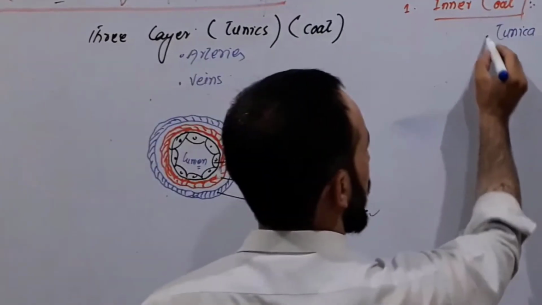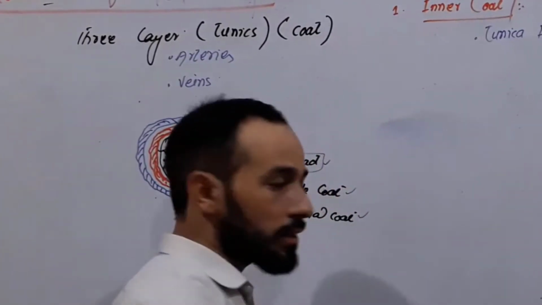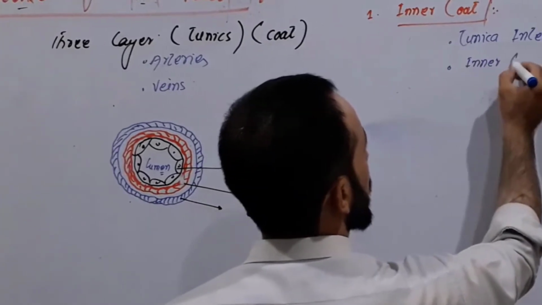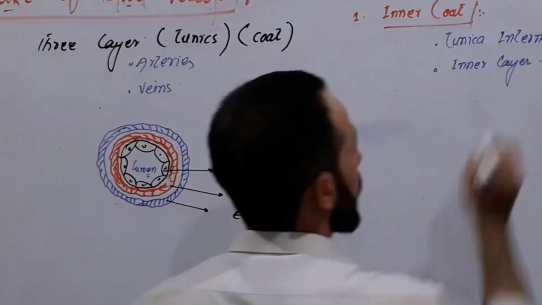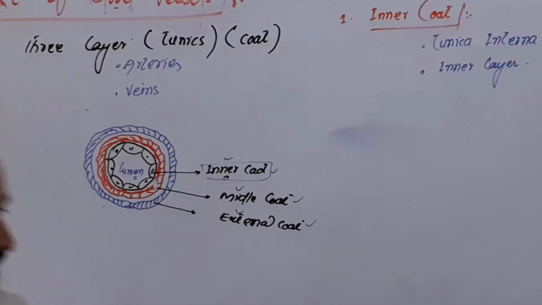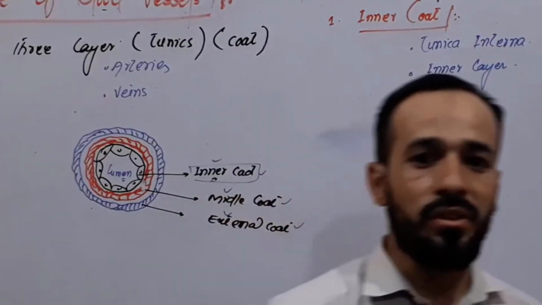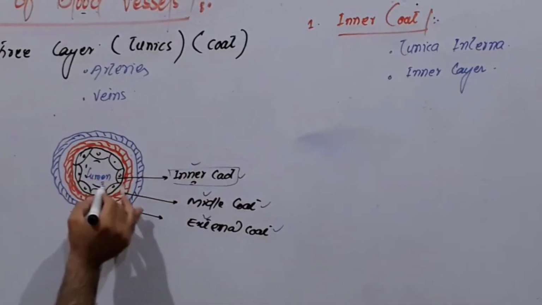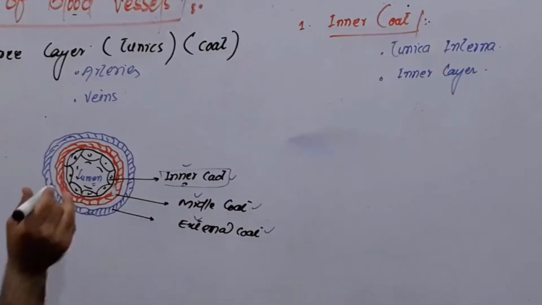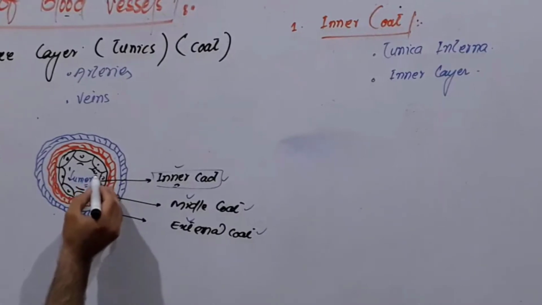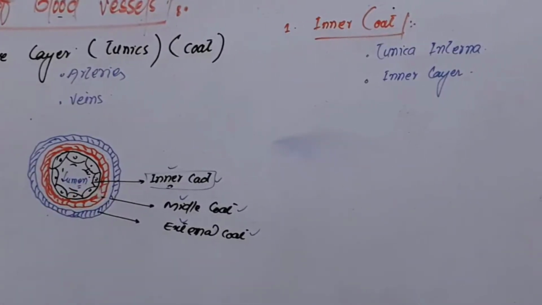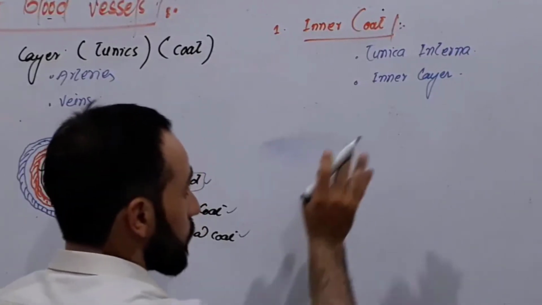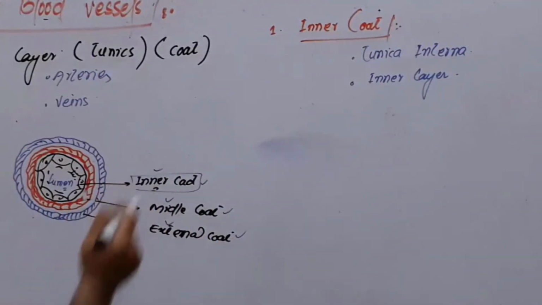This inner coat is also known as tunica interna, or inner layer. About this layer, I would say that it is the layer in direct contact with the blood. For example, here the blood is flowing. So this inner layer is in direct contact with the blood present in the lumen. This is not enough about the inner layer.